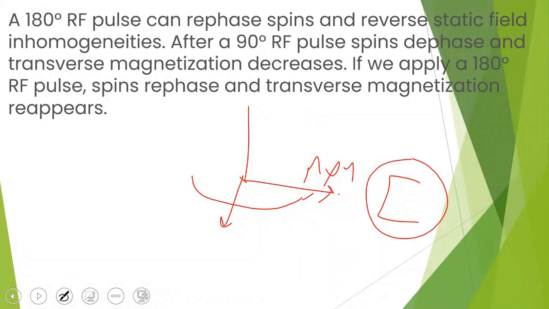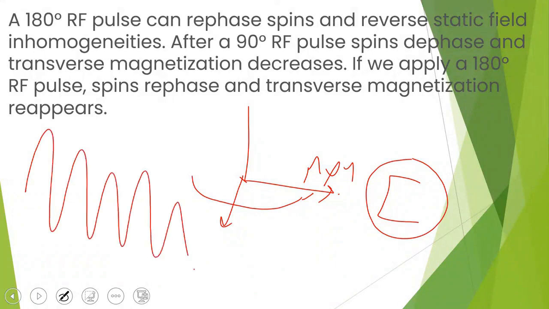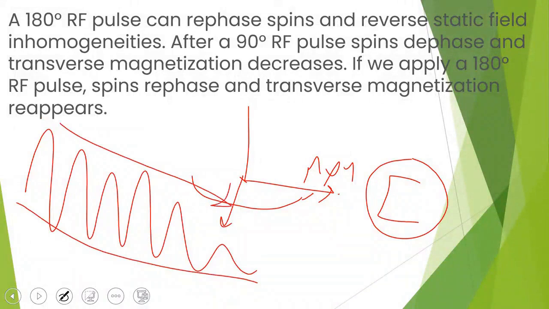The whole idea is that the process of decay is represented by a specific signal called free induction decay. The amplitude of the signal decreases over time because the strength of Mx and My keeps changing. The curve that represents this is called free induction decay, or FID.